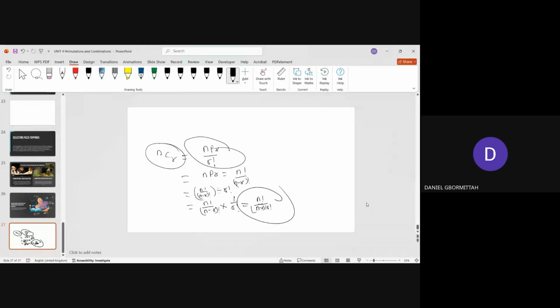When you simplify, you clearly see that n combination R is the same as n factorial divided by n minus R factorial times R factorial. So you see that these two are the same.